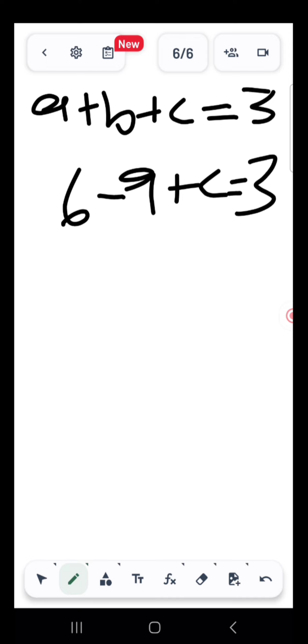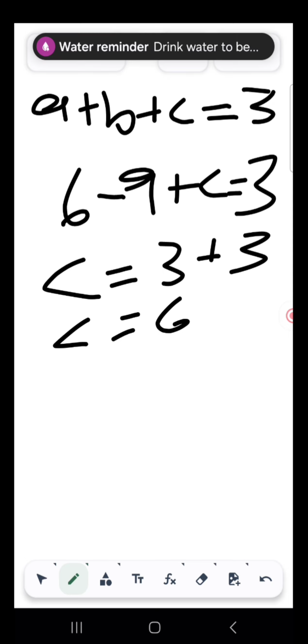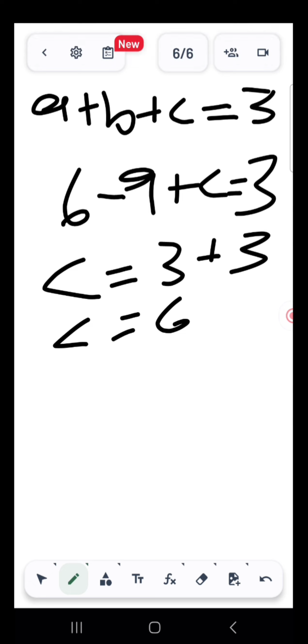When we break that down and solve for c, 6 minus 9 is negative 3, so c equals 3 plus 3, and then c equals 6. Now you have your a, which is 6, your b, which is negative 9, and your c, which is 6. And then you can now write your general term.